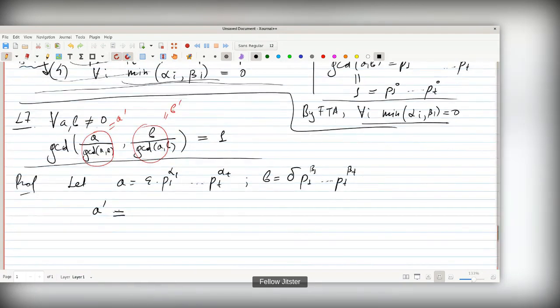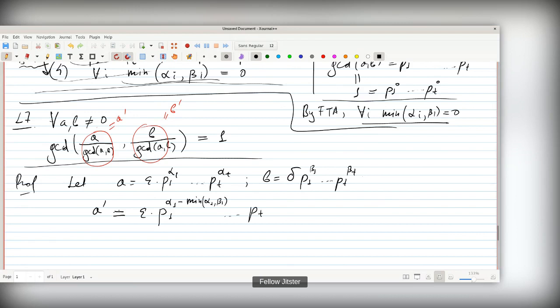A prime is just a divided by the greatest common divisor. So here we have alpha 1 minus the exponent in the greatest common divisor.